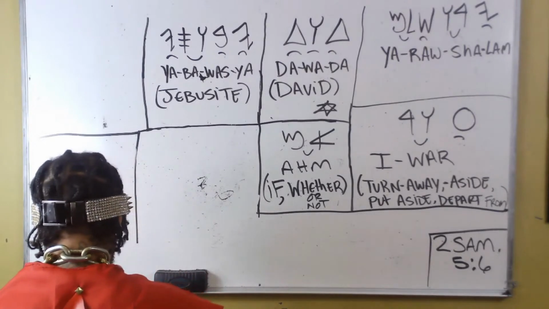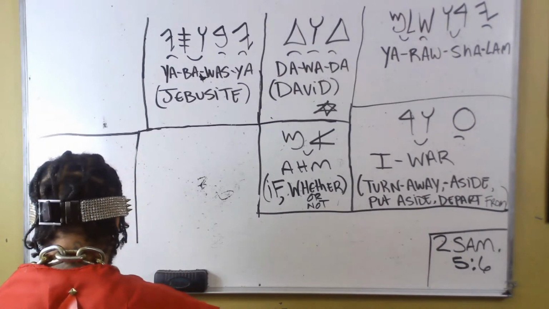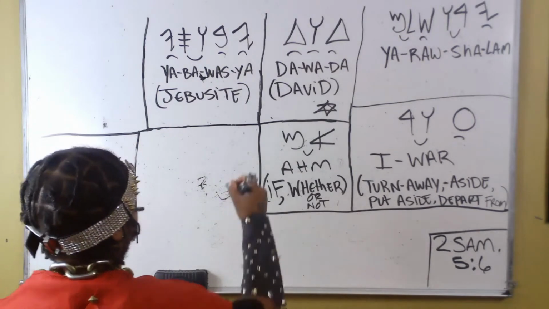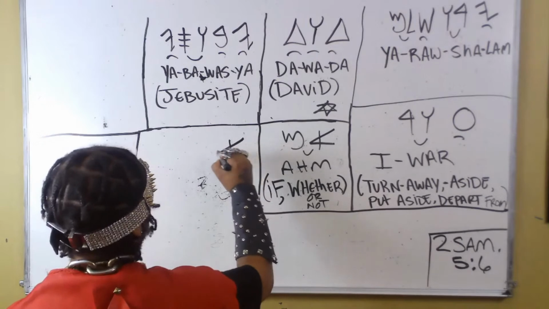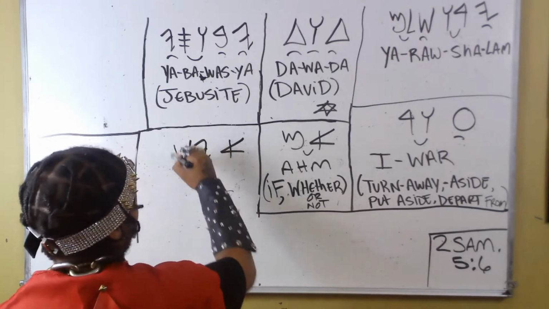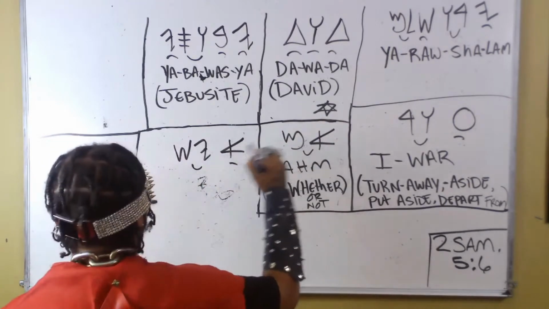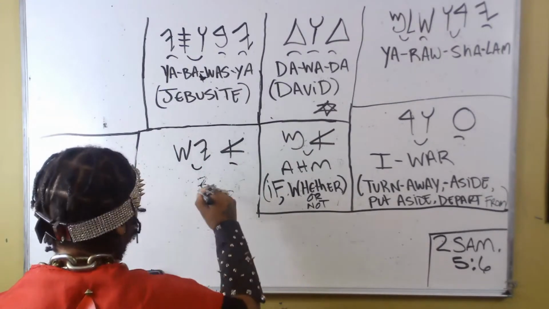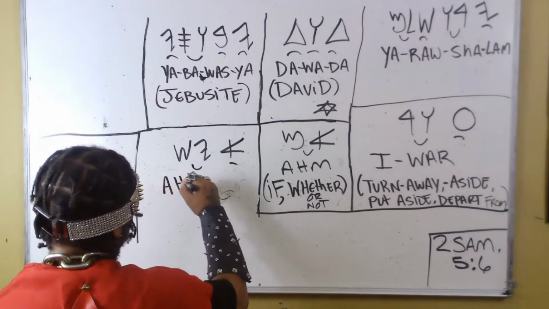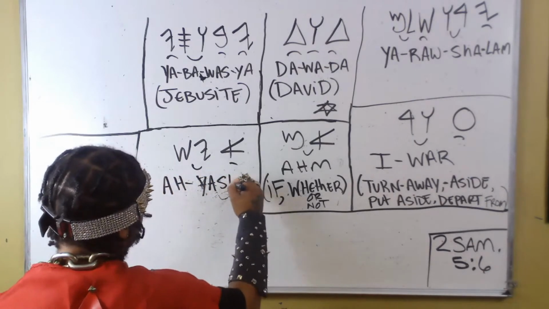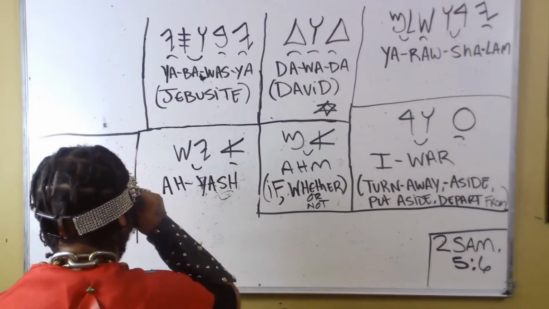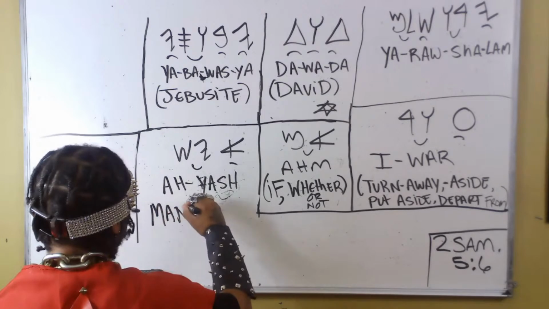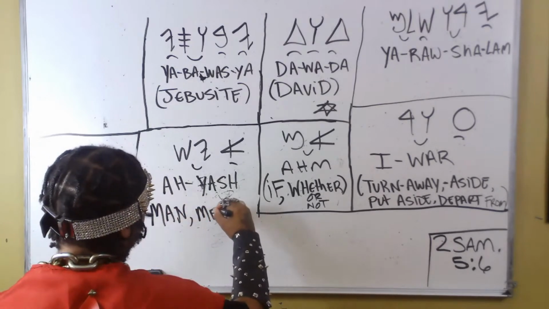Okay. Let's keep going. Any questions online? Nah, sir. All right. No sweat. Next word is ayash. Once we've done ayash, I'll give you the meaning. A-H-Y-A-S-H, like Officer Ayash Kabawat. Ayash is a word that means man. It also means men.